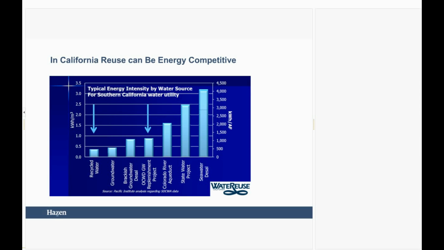So, like bees taking pollen from flower to flower, I think consulting engineers take knowledge and information from utility to utility and regulator to regulator and make sure that we pollinate that information across.